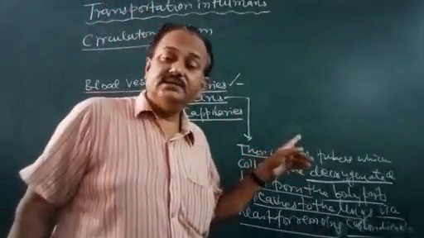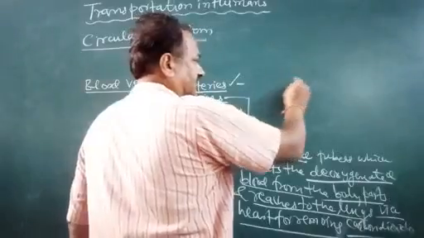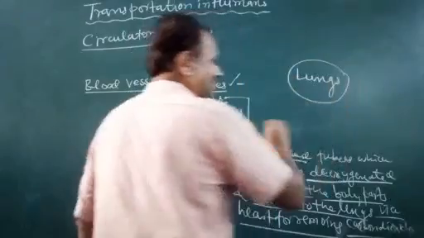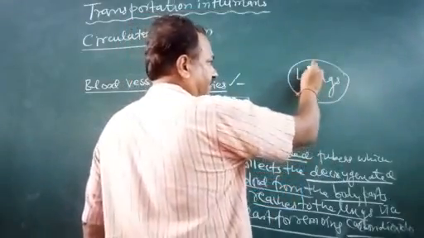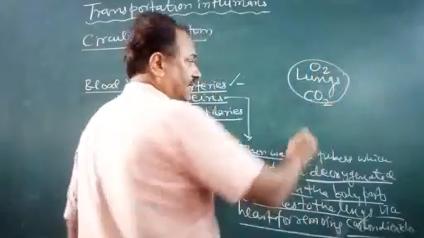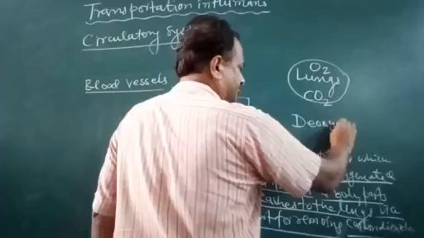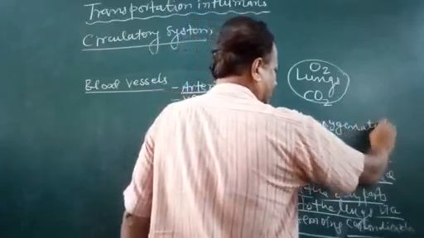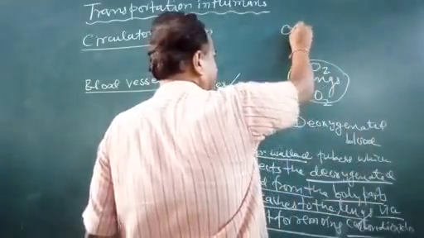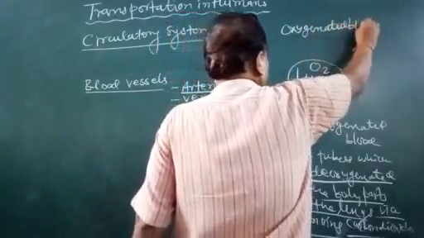So in the lungs there is oxygen, there is CO2, and there is deoxygenated blood, and here there is oxygenated blood.